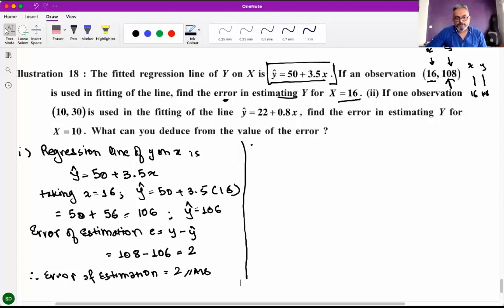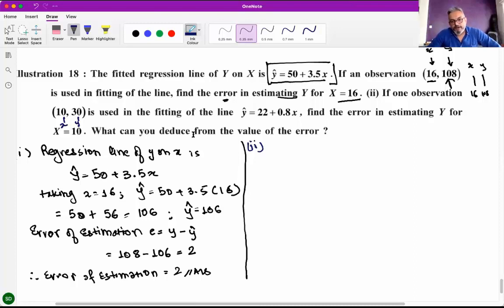Let's go to the second question now. If one observation 10, 30, so x is equal to 10, y is equal to 30, is used in fitting of line, y cap is equal to 22 plus 0.8x, find the error in estimating y for x is equal to 10.